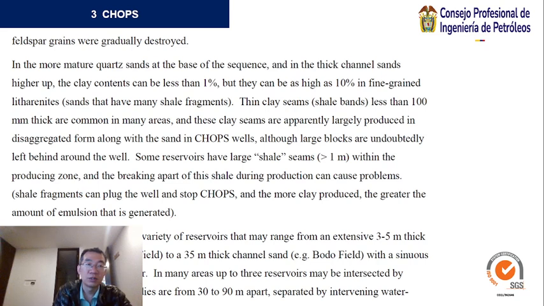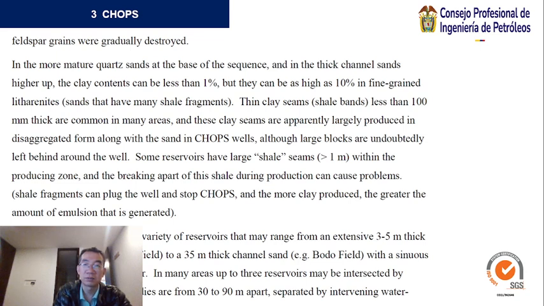In the more mature quartz sand at the base of the sequence, and in the thick channel sand higher up, the clay content can be less than 1%, but it can be as high as 10% in fine-grained lithic arenites.